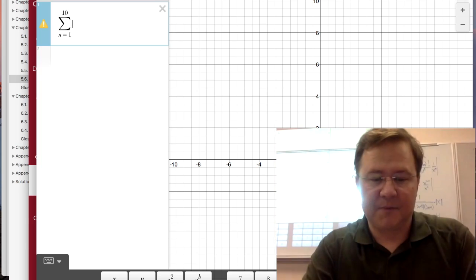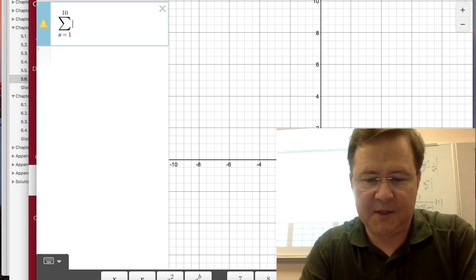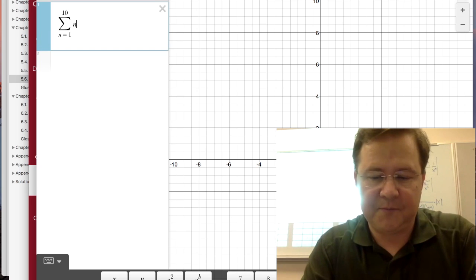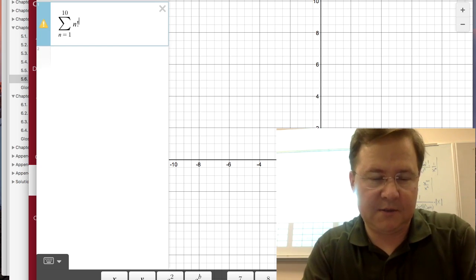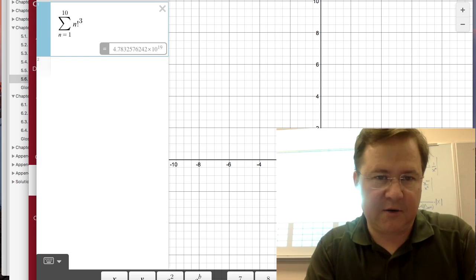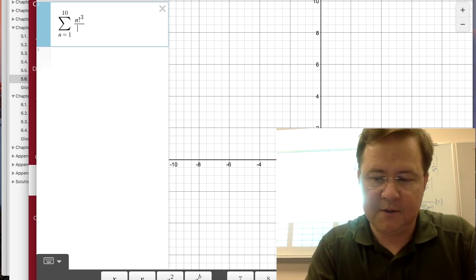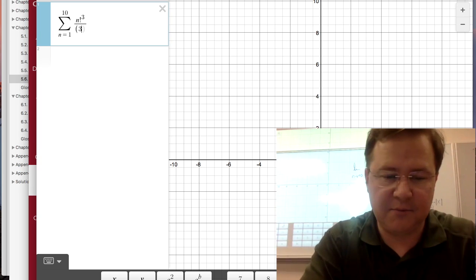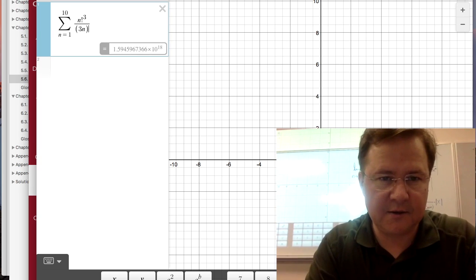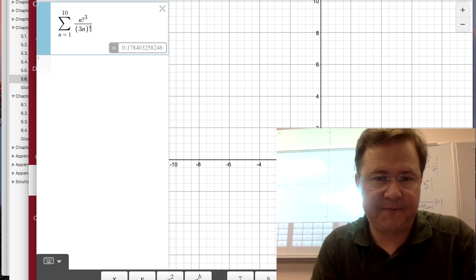That's going to be a fraction: n factorial raised to the third power, divided by 3n, in parentheses, factorial.